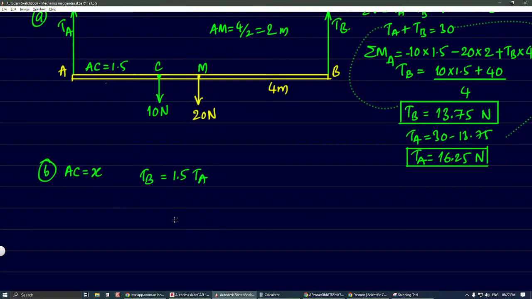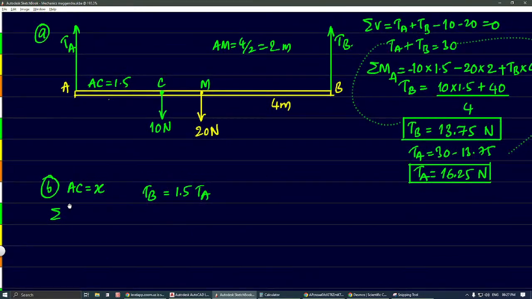Once again we have to take moments about point A. So 10, now this times, instead of 1.5, we have the distance as x, and this is clockwise, so minus. 20 times how much, 4 by 2, that is 2, and this is again clockwise.